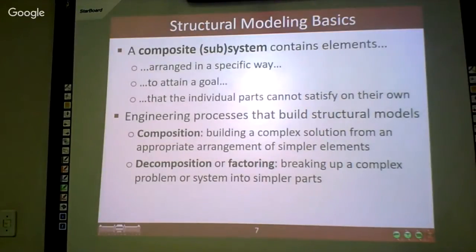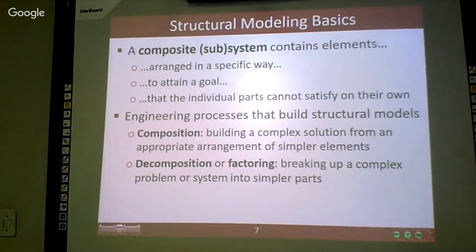A composite system can be defined in a way that it contains elements that are arranged in a specific way to attain a goal that the individual parts cannot satisfy on their own. So that's why we compose systems together. And during engineering, we have various engineering processes, and we have various tools to design our system.